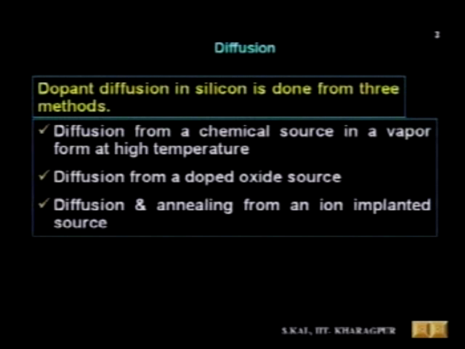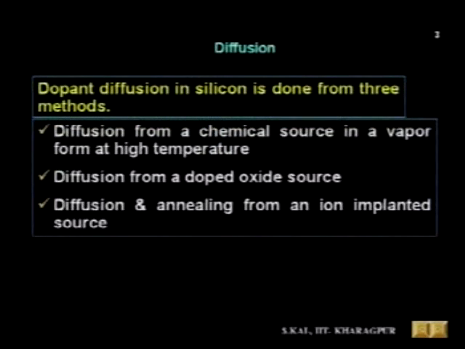So that is diffusion from a doped oxide. Sometimes we use boron diffusion from doped oxide, or arsenic or some other impurity atoms may be diffused from a source, and the source may be a doped oxide.